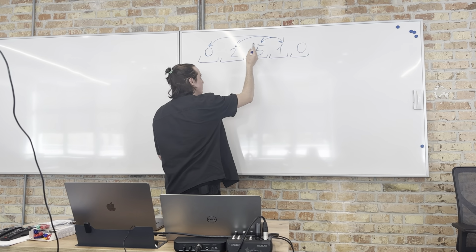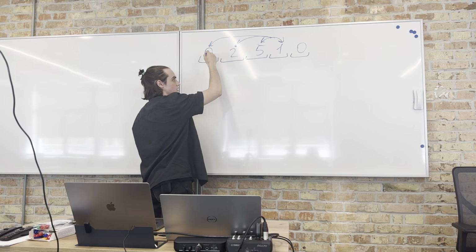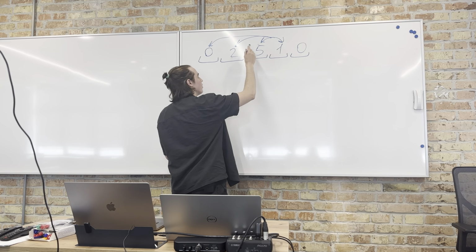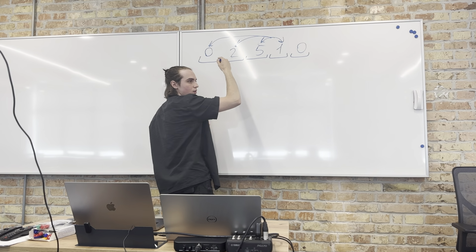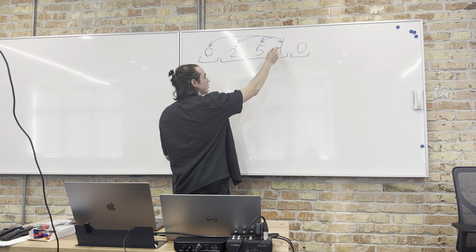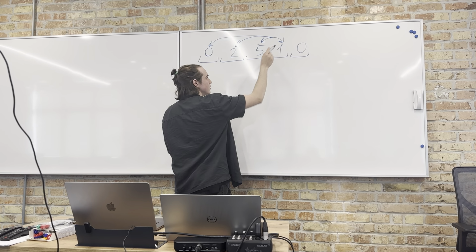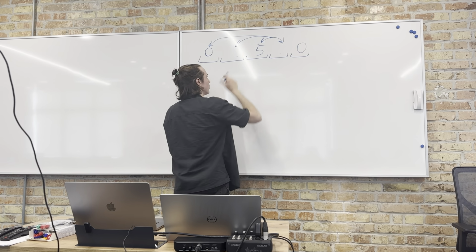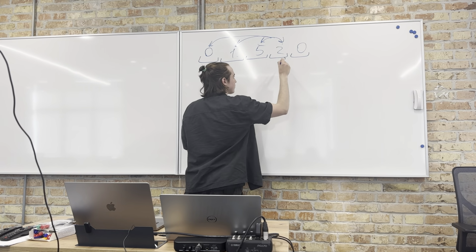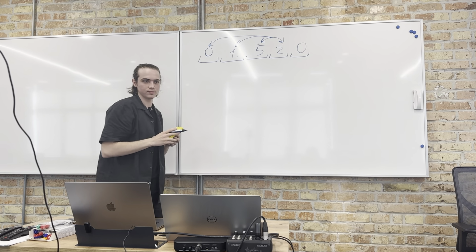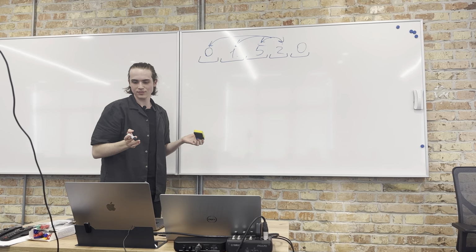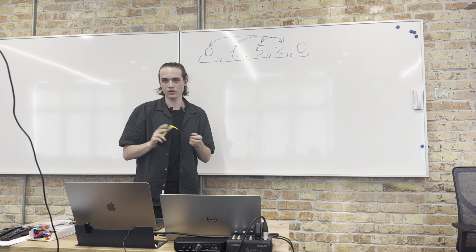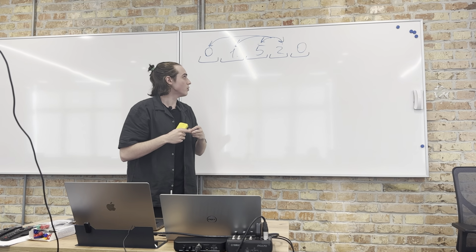Oh, here our previous element is less than our current, so we're not moving backward. We're swapping positions of those two elements. And so on and so on. So, is it clear? A pretty simple algorithm, very similar to bubble sort.